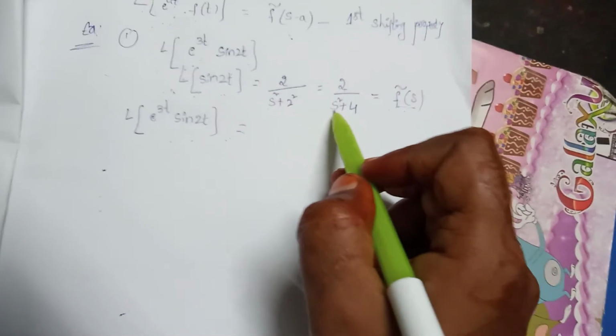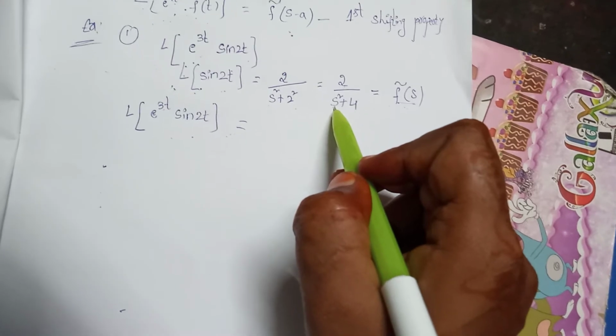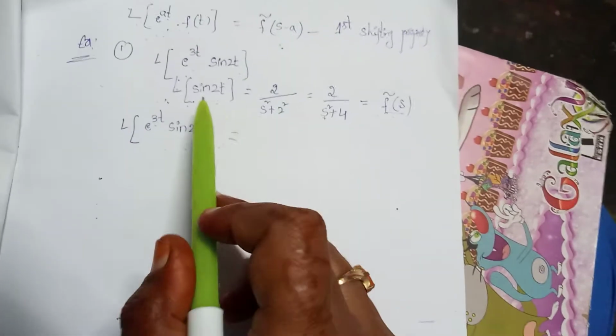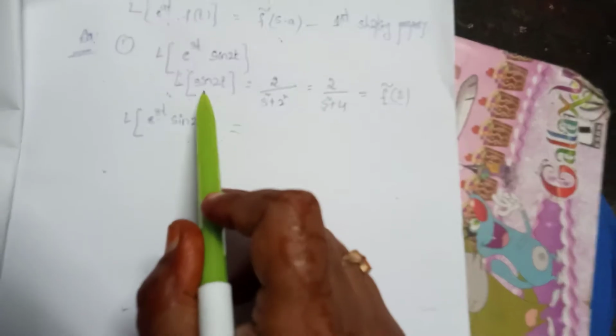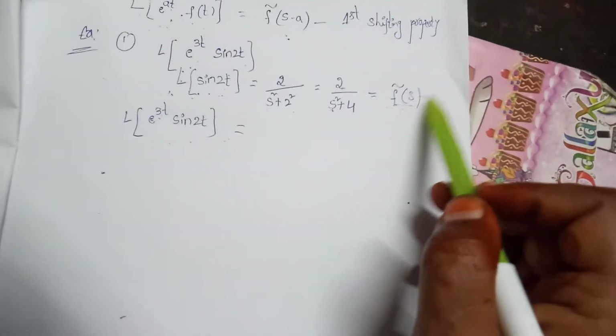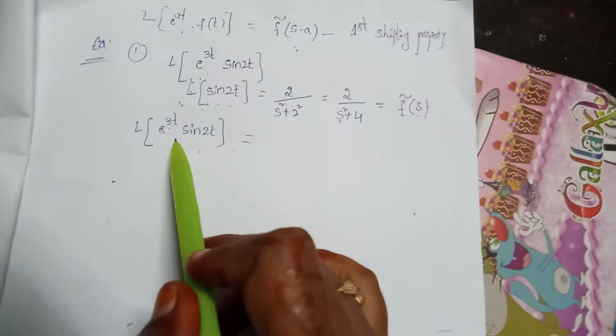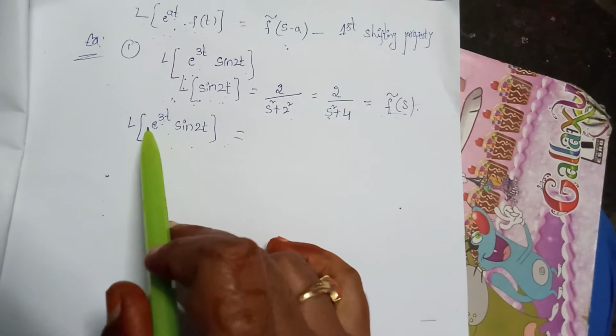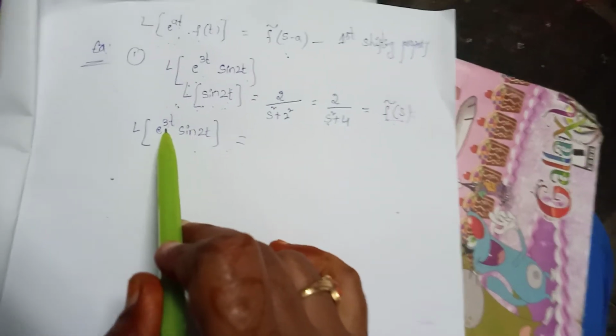That means we replace s by s minus a, where a is 3. Here in L of sin at, a is 2, and this is L of f of t. Now the function is e power at into f of t, where a is 3.